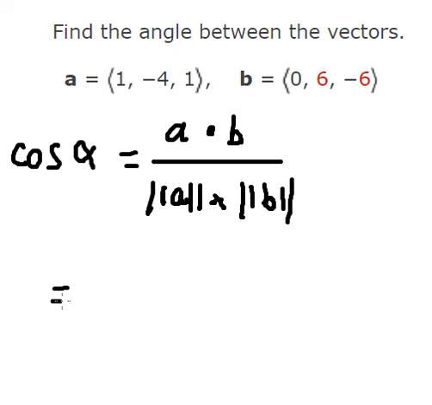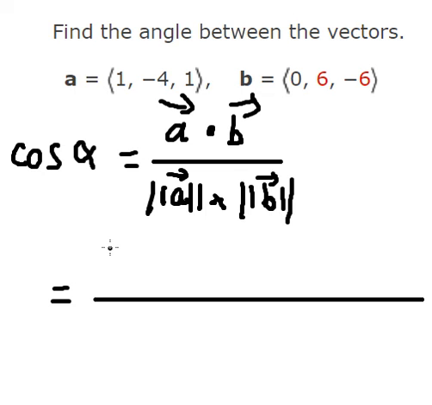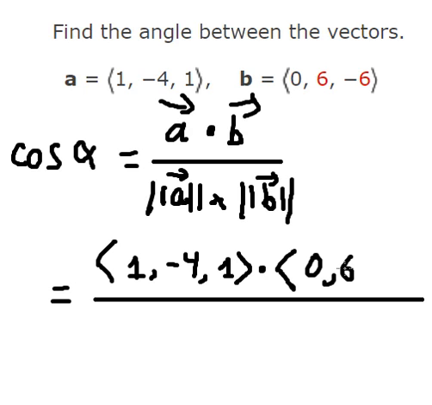So in this one, we can put the numbers in here. We have vector A (1, -4, 1), the dot product with (0, 6, -6).